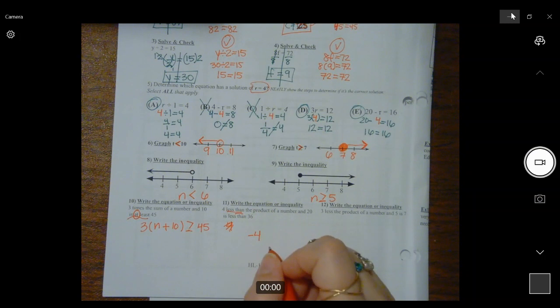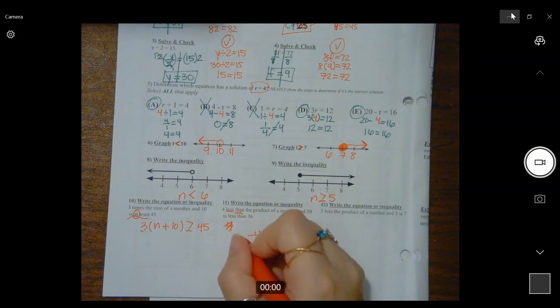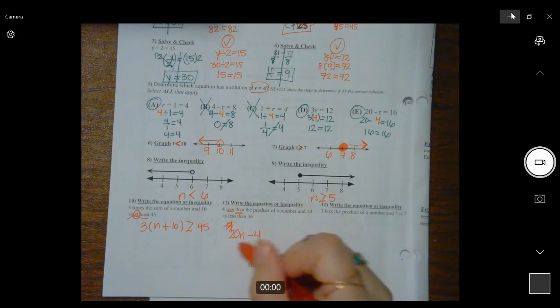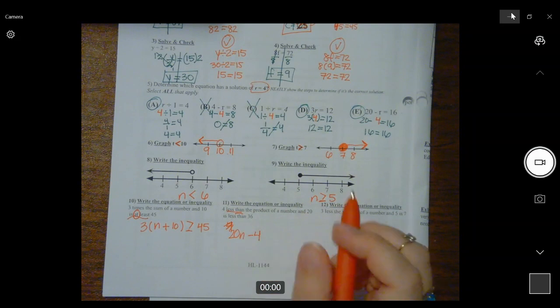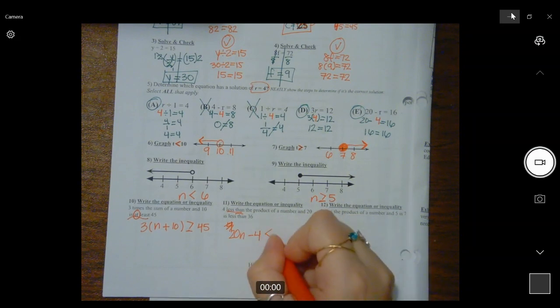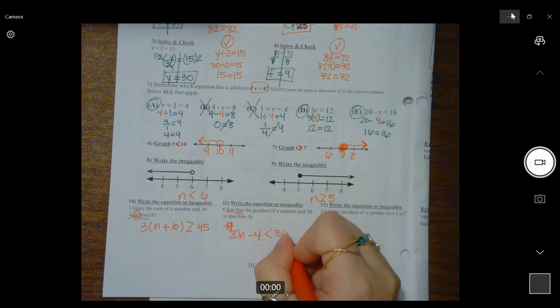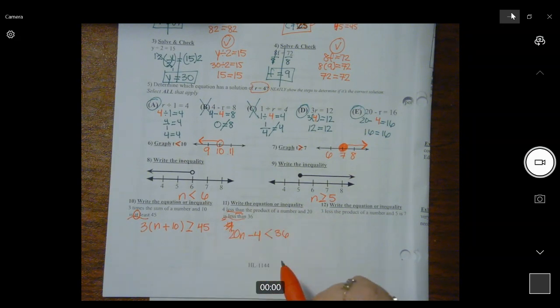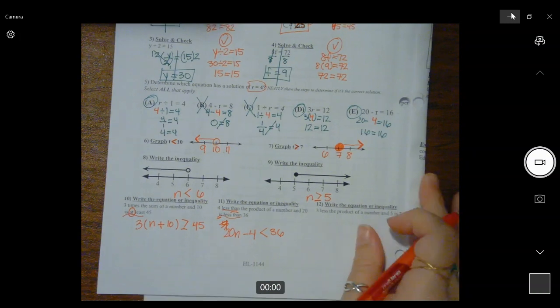The product of a number and 20. Product means multiplying. You're multiplying some number and 20. So 4 is being subtracted from the product of 20 and a number, and that whole thing is less than 36. So that is less than, because the word is is like a form of an equal sign, and an inequality is like an equal sign, right?